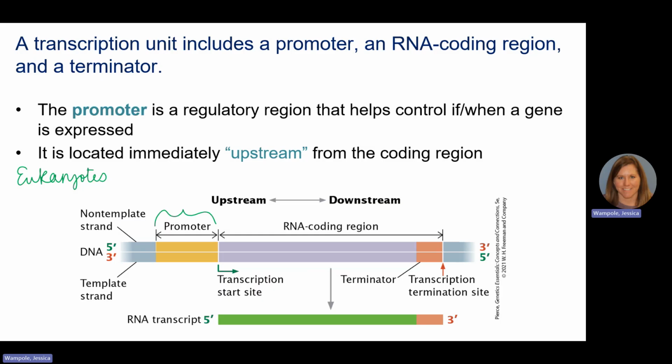This is an evolutionary adaptation. It allows the same RNA polymerase to always recognize the start of a gene. So all eukaryotes are going to have a very similar promoter.